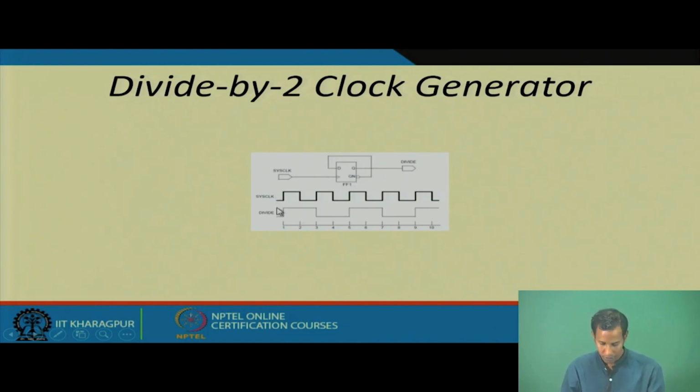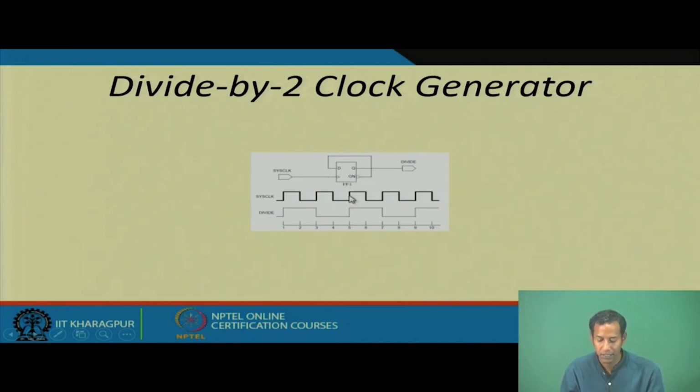How? Because if this is the system clock, the output of this divider will be something like this. At this particular edge it will find that Q was 1. It will continue up to here, where again it will find that Q is 1 and Q bar is 0. So, it will come down to 0.